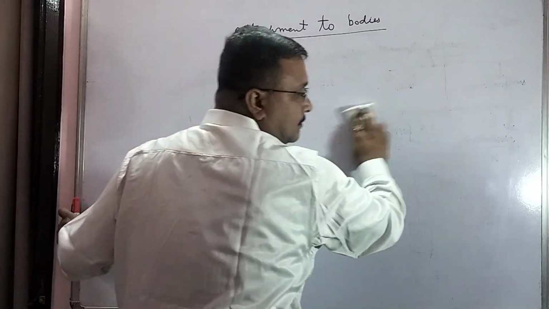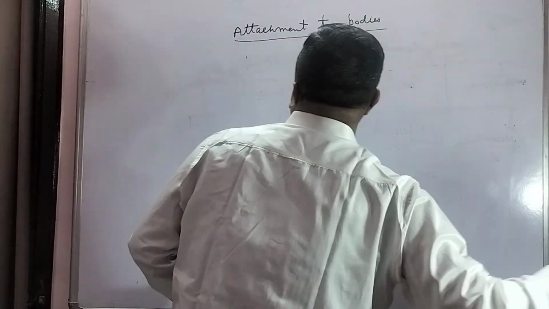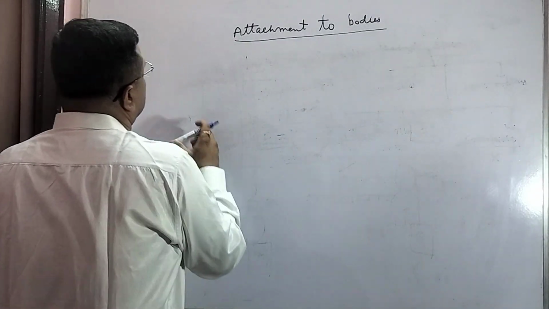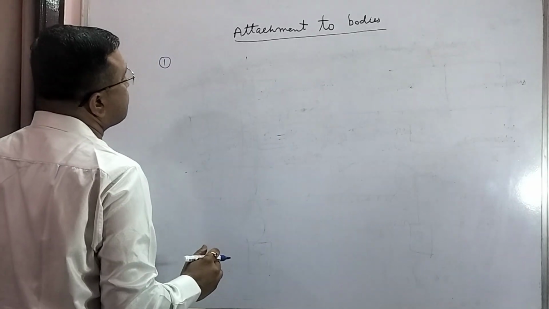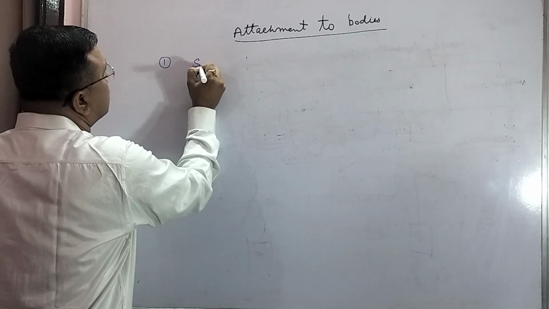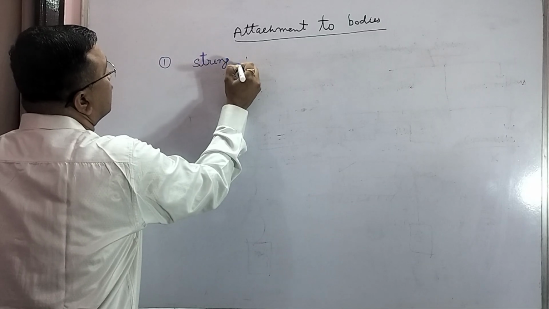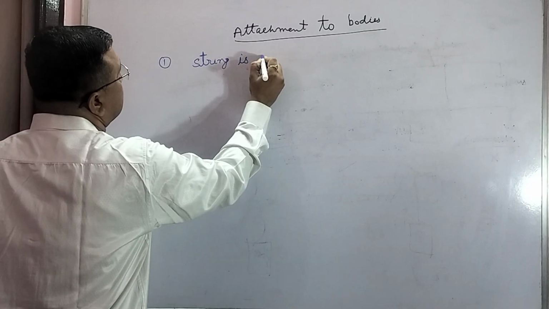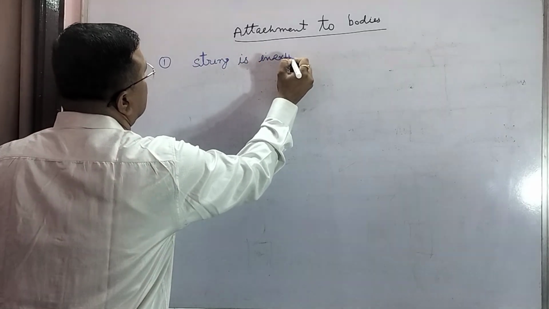What happens? First case is, let's denote it. First one. What is first one? A string is inextensible.